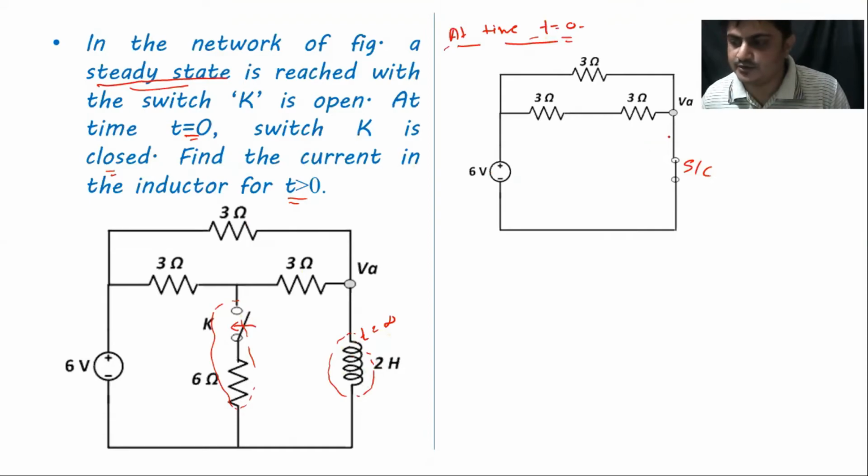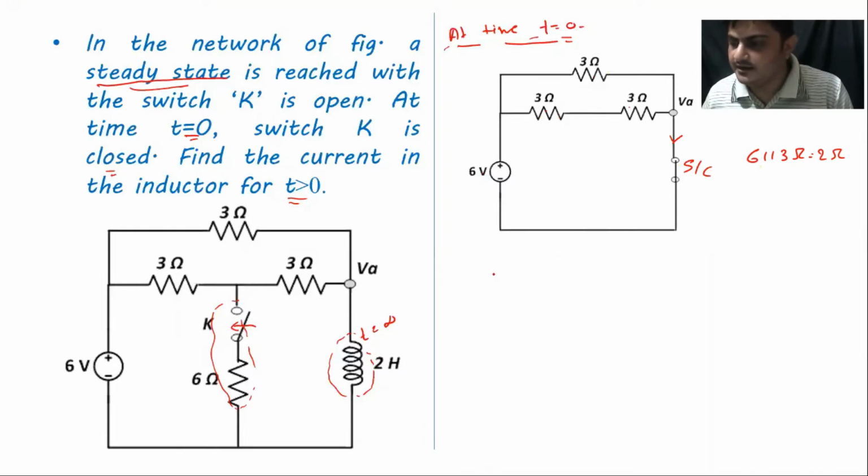Let us say I want to calculate the current flowing through the inductor. This is my equivalent circuit. The 3 ohm and 3 ohm, that is a total of 6 ohm, is in parallel with 3 ohm. If you simplify this, you will get 2 ohm, that is 6 divided by 2 ohm.